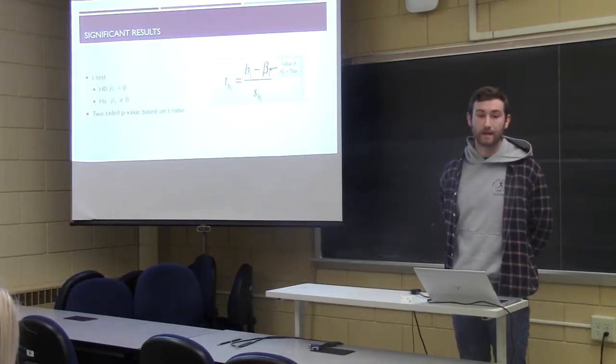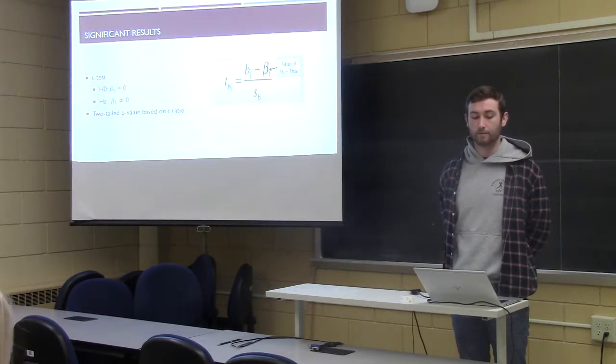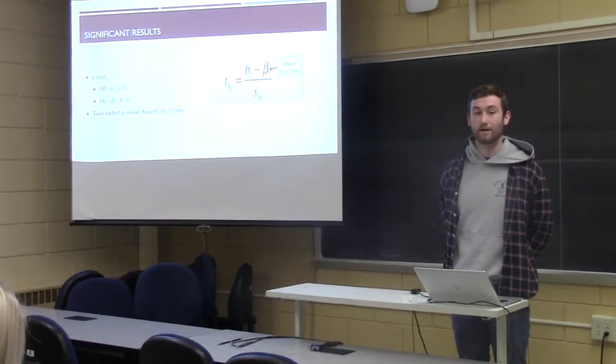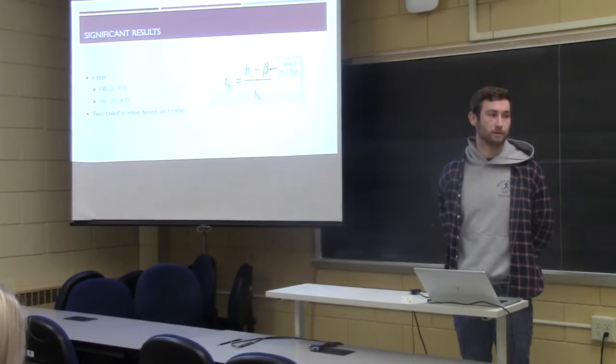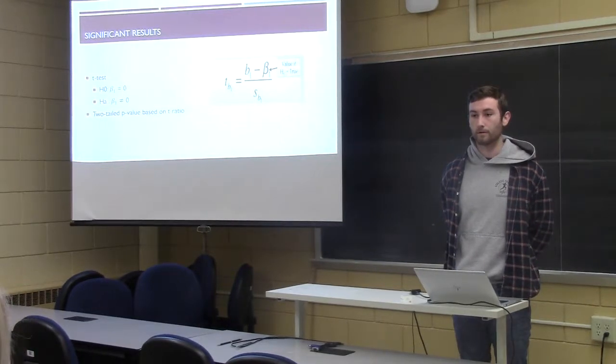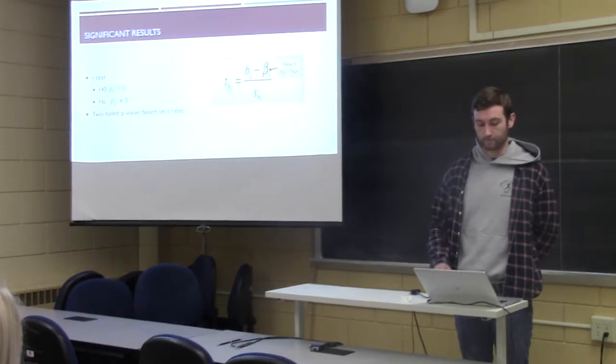After that you get a two-tailed p-value on that t ratio by looking at the t distribution with the right number of degrees of freedom, and that will give you the probability that you have a beta 1 as extreme as what you observed.